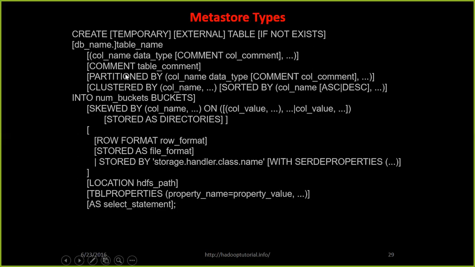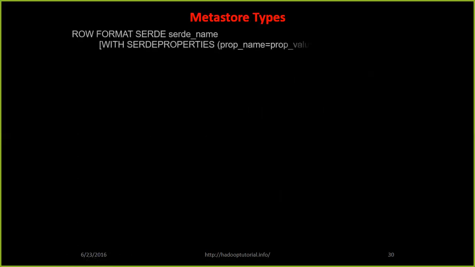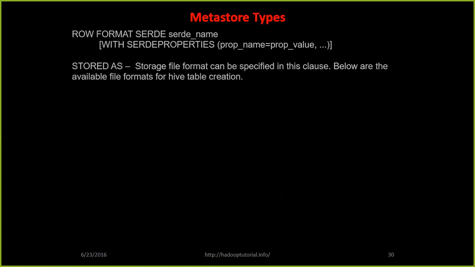Remaining all other stuff you are already aware of. Row format SerDe with SerDe properties, you specify the SerDe class name and all. Now coming to stored as, I will spend 10-15 minutes on this.